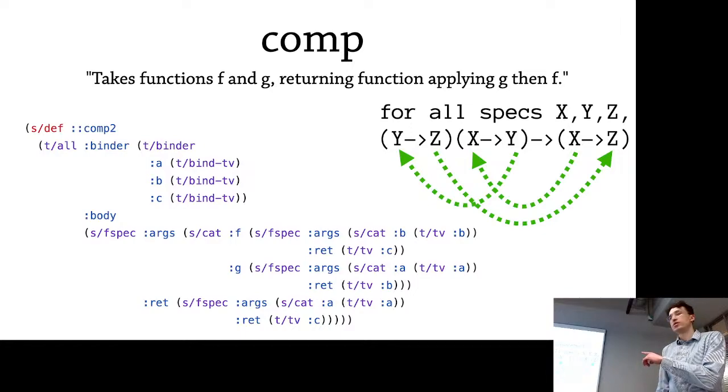So all of these were very generic functions, right? Think of take, for example, or drop. That illustrates that these polymorphic specs and the spec of specs can both coexist, because that function takes an int and a bunch of x's and returns a bunch of x's.